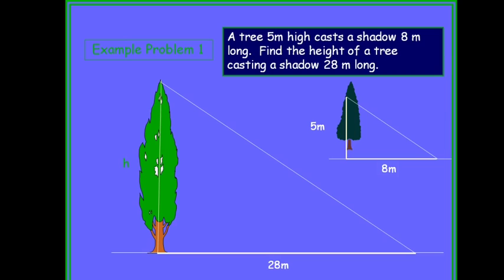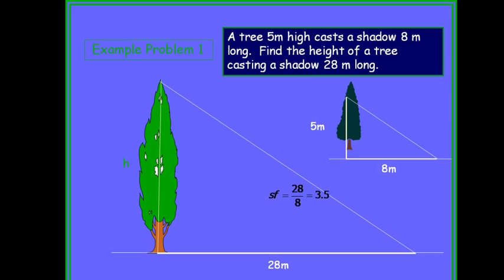If I join the top of both the trees with the end point of the shadow on the ground, it makes two right angle triangles. We need to explain why the triangles must be similar.